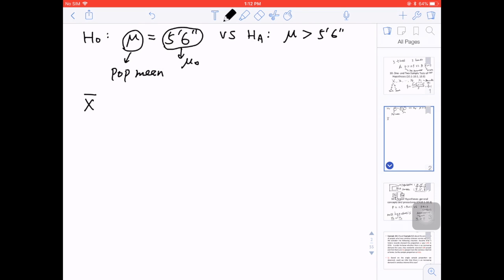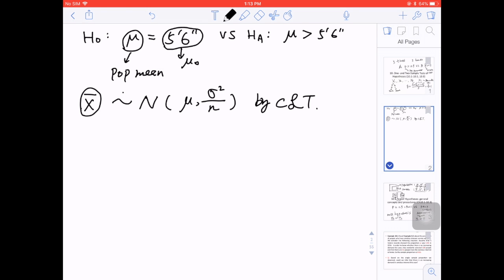Okay, so because we know that this X bar, the sample mean, will always follow a normal distribution with mu and sigma square divided by n according to CLT, right? Because, for example, we can let the sample size n be larger than 30. Say we take n is equal to 40. Okay, we can apply CLT, and that's what I always said.